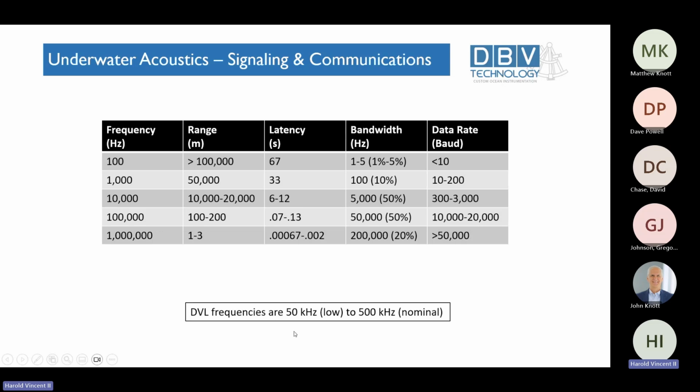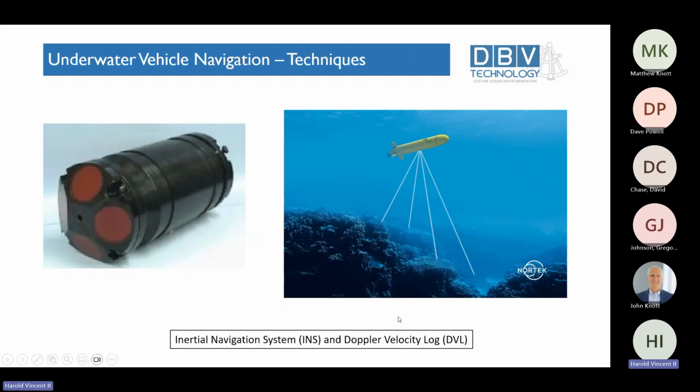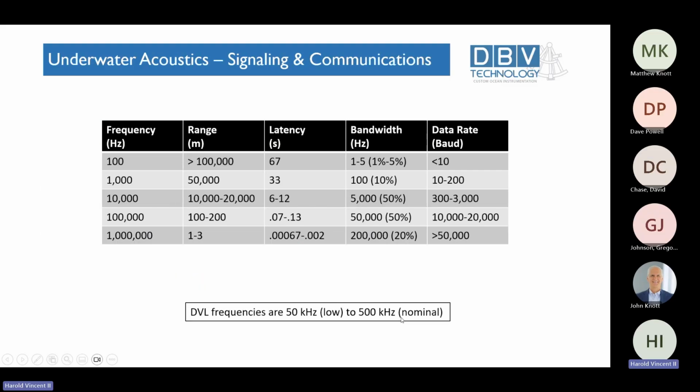Typically the DVLs that were shown here operate at a nominal frequency of say 500 kilohertz. There you'll see that your range is going to be in the 10 to 100 meter range, and you will have to wait until an AUV has descended through the water column before a 500 kilohertz DVL is capable of producing speed over ground measurements.